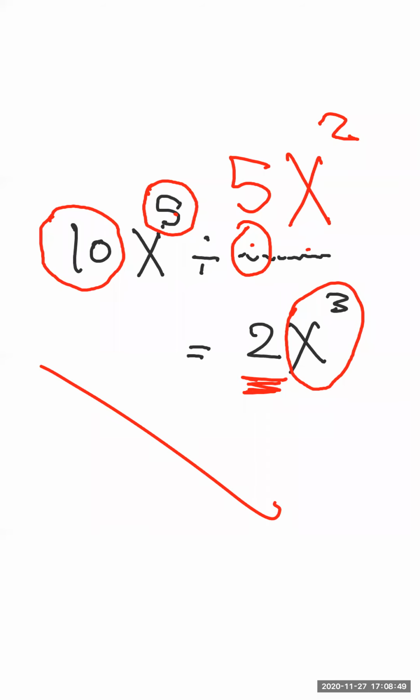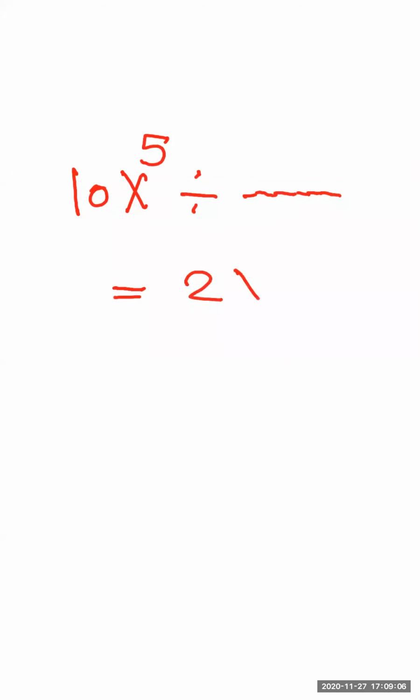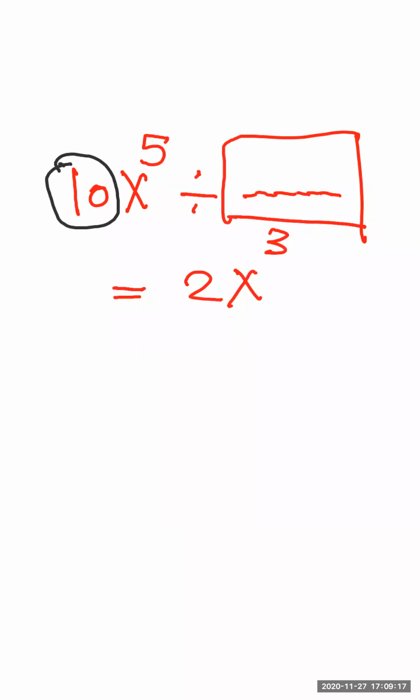So this one is clear, guys? Can you repeat it? Okay, no problem, Farida. It's like this. 10x power 5 divided by something, so it will equal 2x power 3. How to get this value? Actually, there are two methods. The first one: this 10 was divided by a number so that it equals 2, so simply divided by 5, right?